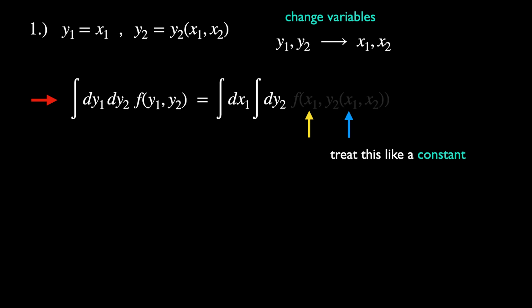This means f can be treated as a single variable function of x2 under the integral over y2. Now all we have to do is to change the variable of this integral to x2.